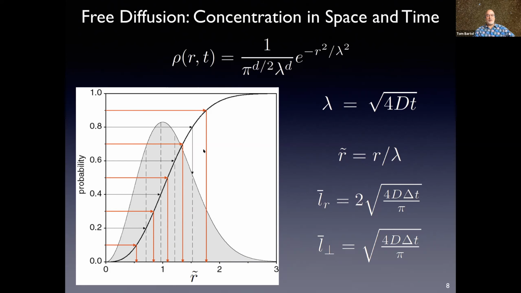And if we take the cumulative distribution function of this solution, I don't have the equation for that written here, but the cumulative distribution function looks like this dark black curve here. And what's great about making cumulative distribution functions in Monte Carlo simulation is that after you have this cumulative distribution function that goes from 0 to 1, you can use a uniform random number generator that generates uniform random numbers on the interval between 0 and 1, and use those values to pick off values of r tilde, like this.